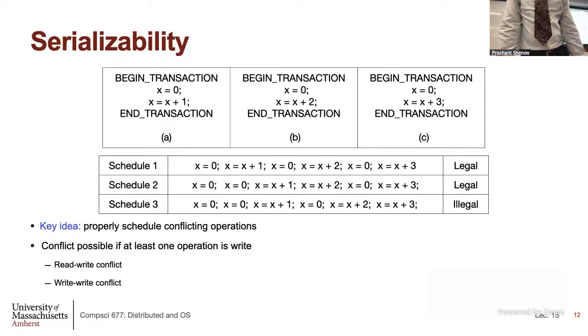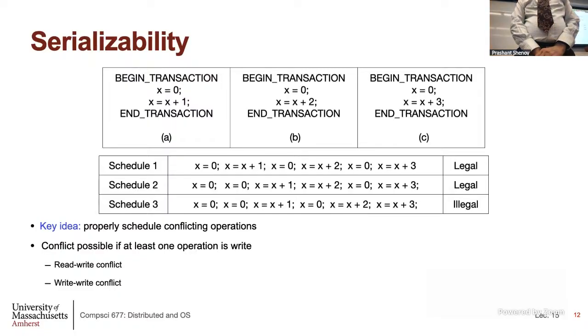Now we will assume that these 3 transactions are going to execute in parallel. So the first question we should ask is, if they're executing in parallel, what values of X are we willing to accept as being consistent after all 3 transactions have finished? Is the question clear?